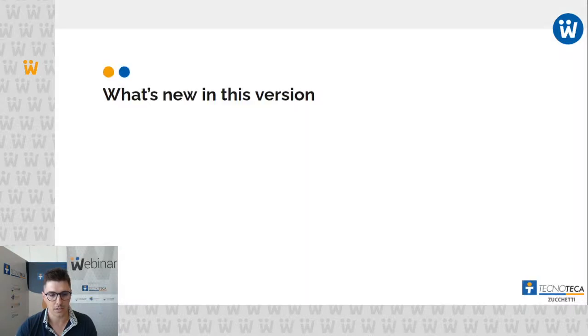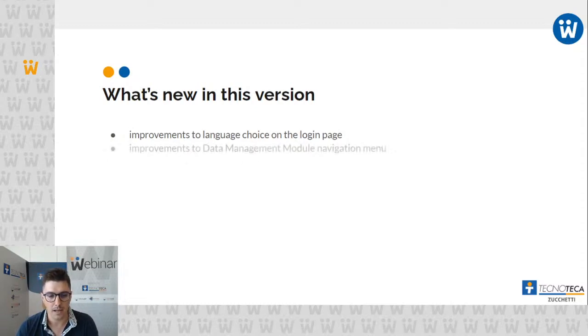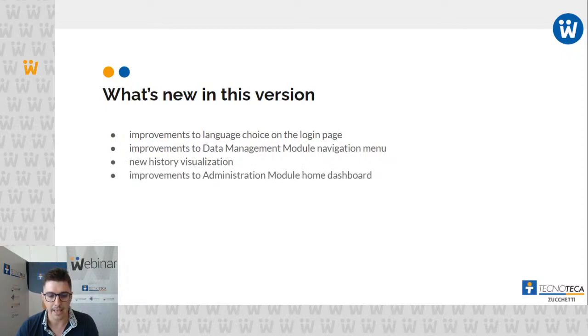But what's new in this version? We have made improvements to the language choice on the login page. Then we have made improvements to the data management module navigation menu. We have also made a new history visualization, and we have done improvements to the administration module home dashboard.